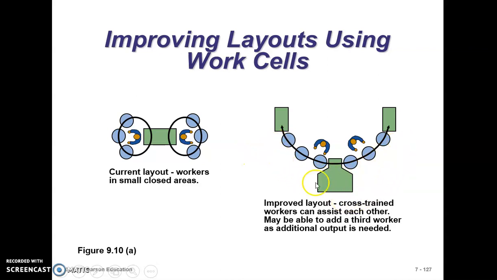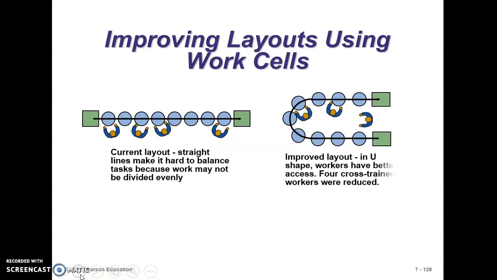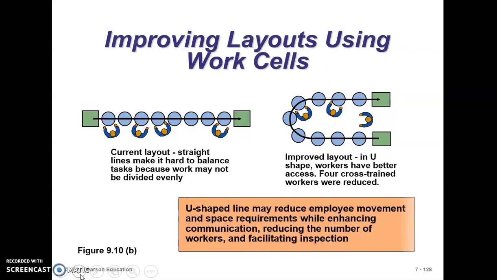So they organize with this curve shape, so that it is easier between this worker and this worker to communicate, and they have a shorter distance lah. Okay, this one is the other improved layout. So current layout is straight layout lines, but how they improve by having U-shaped layout, so they can cross-train each other.